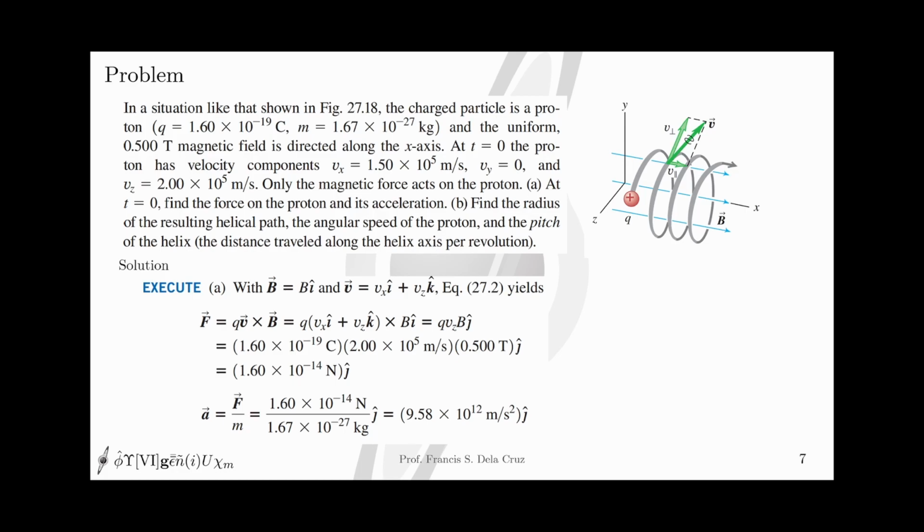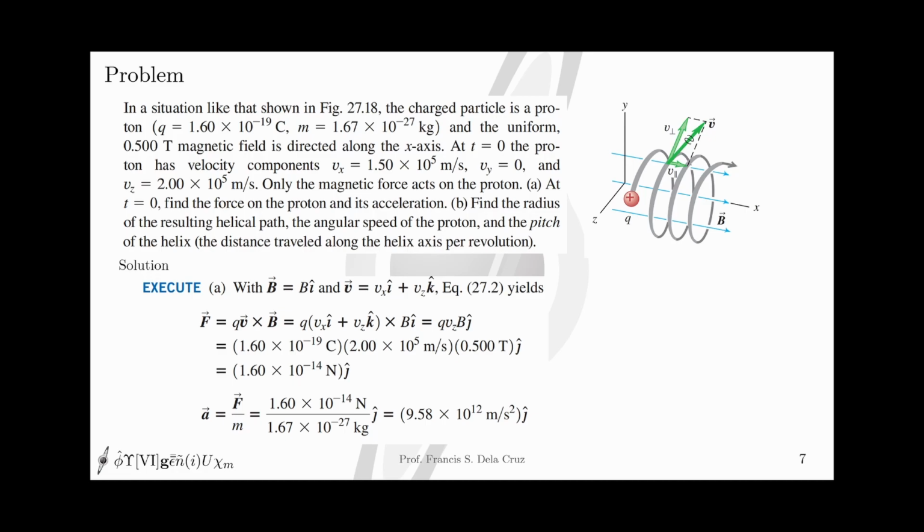So letter A, at time equals 0, we need to know the amount of force on the proton and its acceleration. Of course, there is an external force acting on the proton, so that proton will accelerate. And then letter B, we actually anticipate that this proton will move in a circular motion.